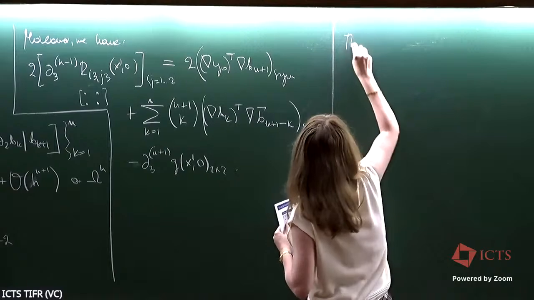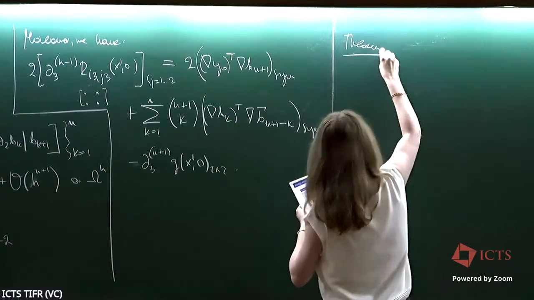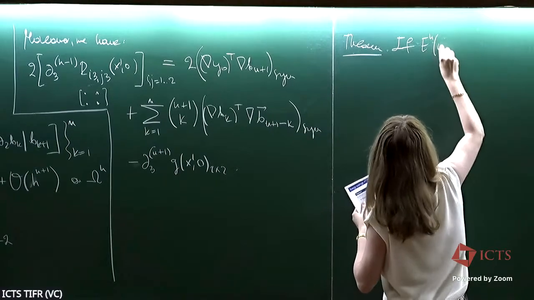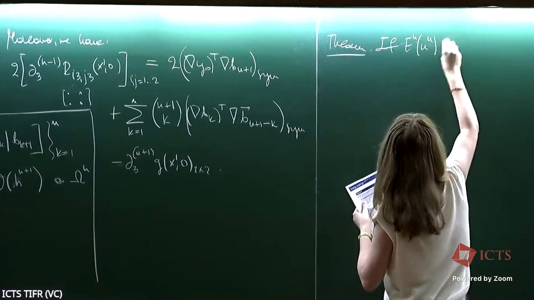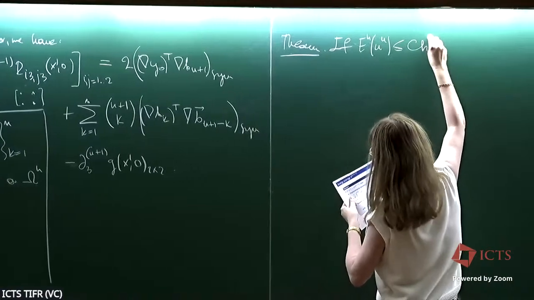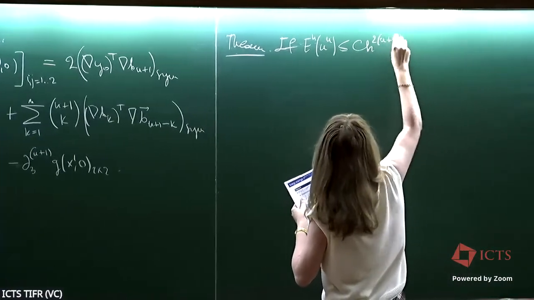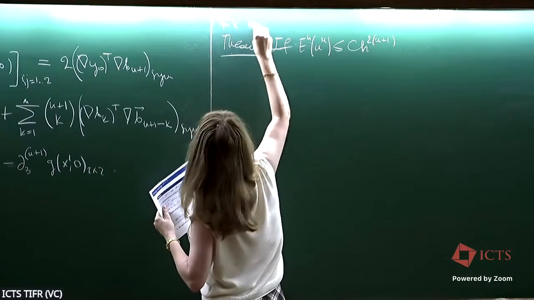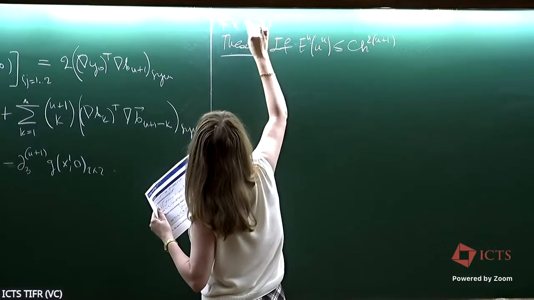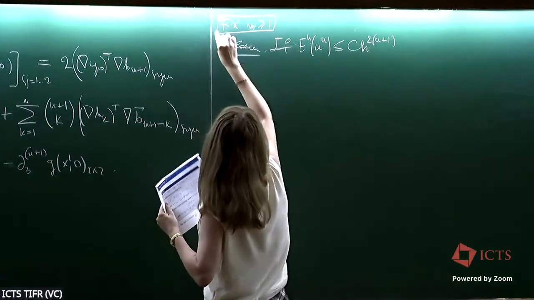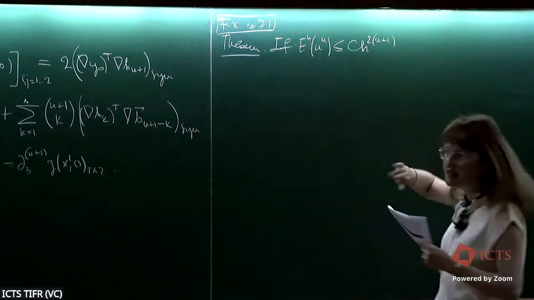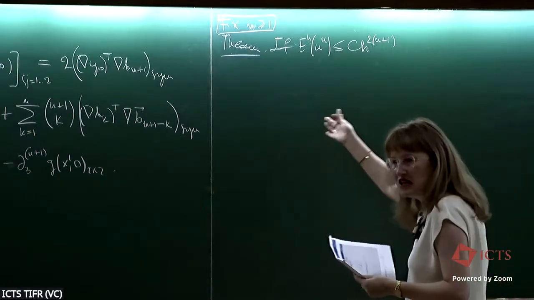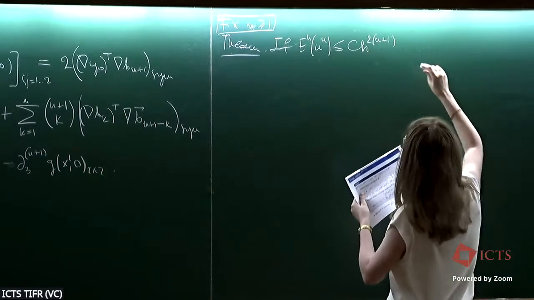The theorem: if EH of UH is less or equal than C h to the power 2n plus 1, so I always fix here a particular n greater or equal than 1, and assume that you have a sequence of deformations which scales like that. So this can be infimizers or not. That's the assumed scaling.